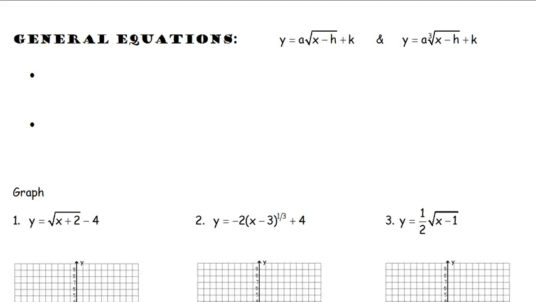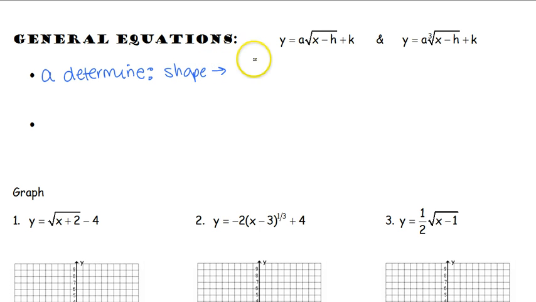We have those general form equations. y equals a times the square root of x minus h plus k. And the only difference is, instead of the square root, we have the cube root. A is going to determine, for both of them, their shape and their orientation.